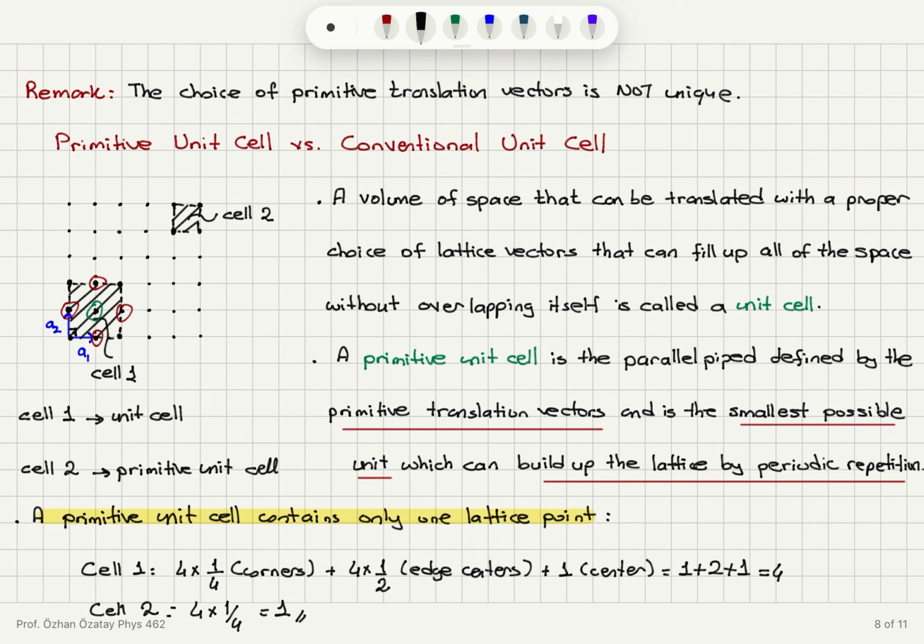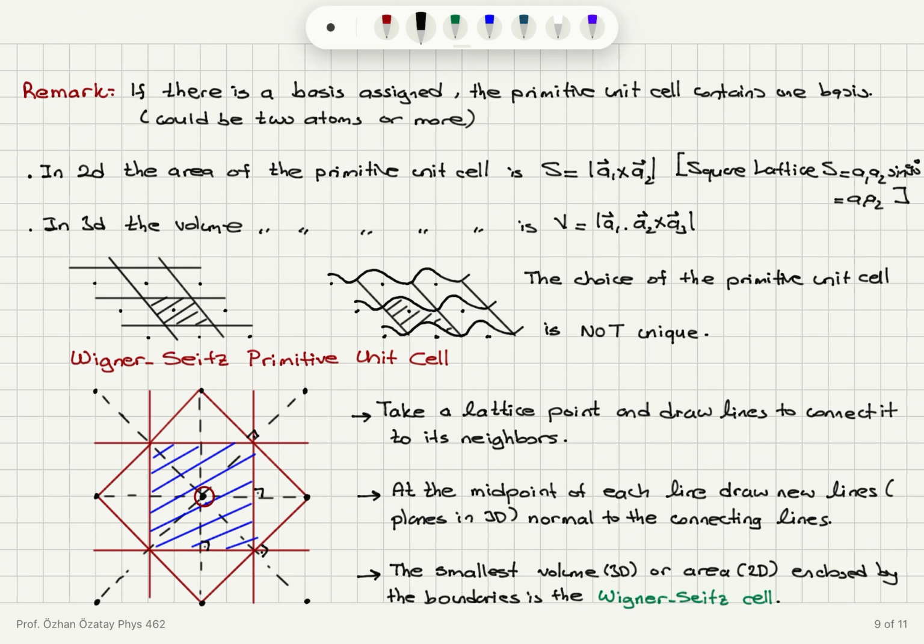The primitive unit cell, by definition, contains only one lattice point, or if this has been turned into a crystal structure, it contains only one basis. So the basis can have more than two atoms. However, it has only one lattice point for the underlying lattice structure. Here in this example, cell 2 is a primitive unit cell because it contains one lattice point, 4 times 1/4 from the 4 corners.